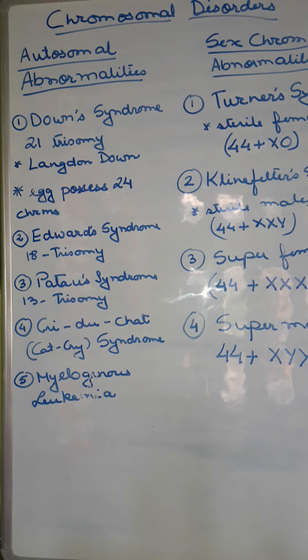Here what happened, actually the 21st chromosome consists of one extra chromosome. That means the particular offspring will have 47 instead of 46 chromosomes. The egg possesses 24 chromosomes. That means during meiosis the chromosomes don't get separated, they remain together, for which this type of abnormality occurs.